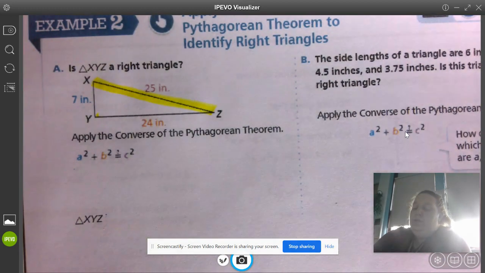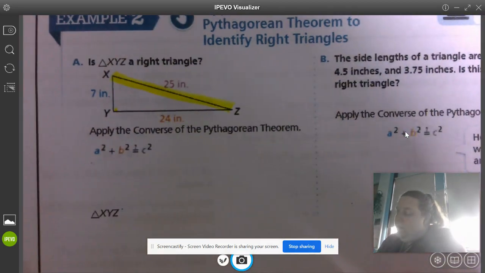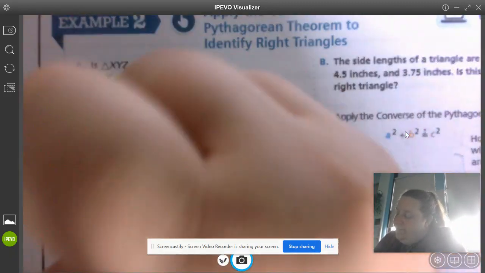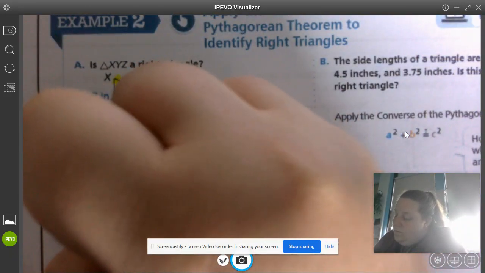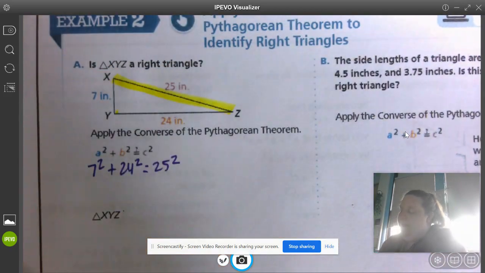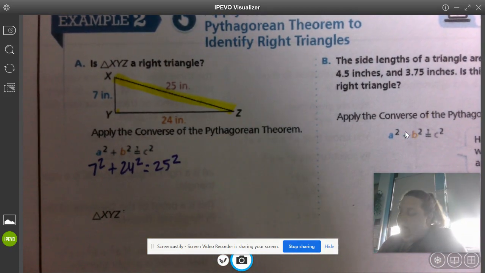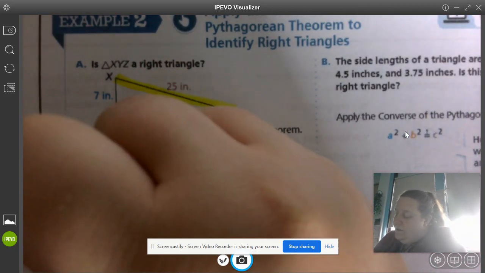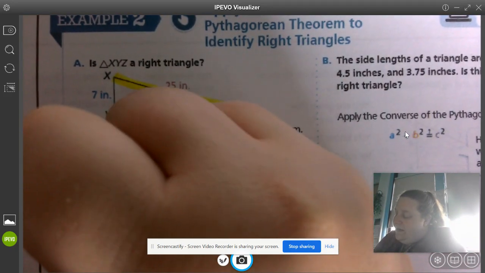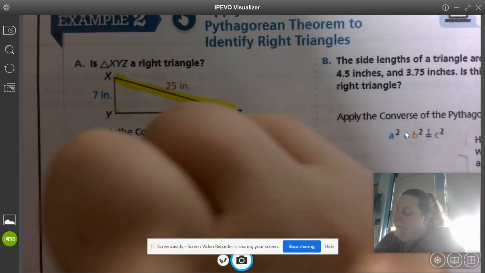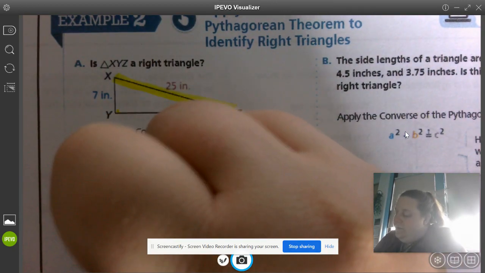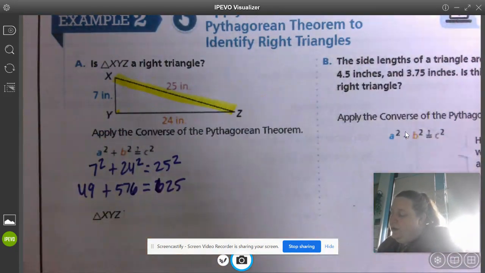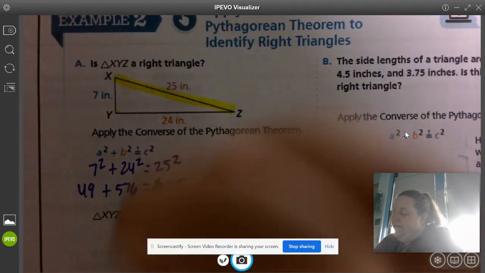Okay. So I'm going to go ahead and substitute these numbers into the theorem and see if it is in fact a right triangle or not. So 49, and then 24 squared is 576. So 49 plus 576 equals 625.